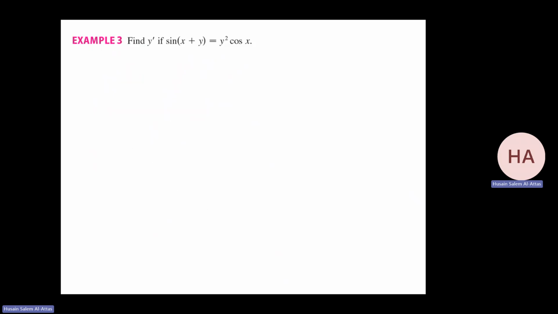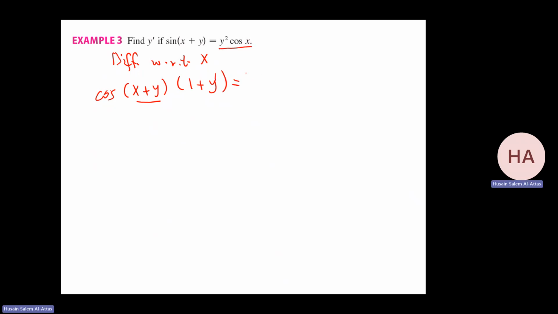Find y prime if sine of x plus y equals y squared cosine x. The same thing. Differentiate with respect to x. So I have cosine of x plus y, derivative of this, which is 1 plus y prime, that equals what?